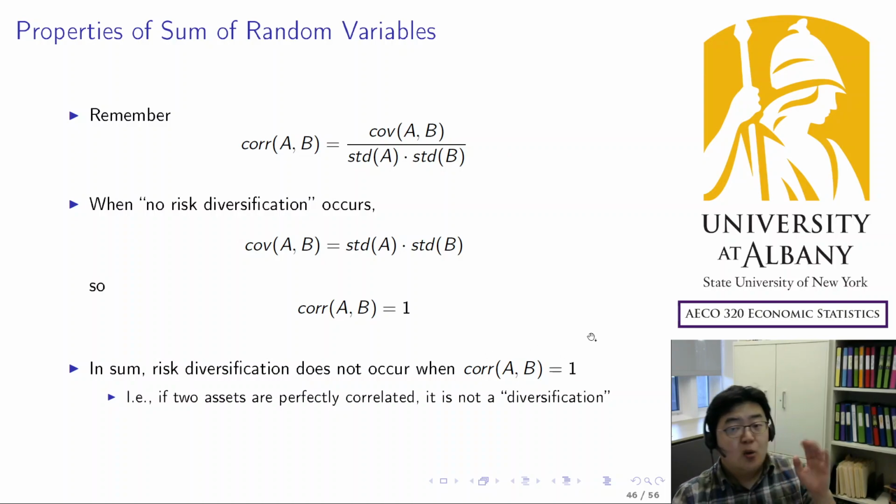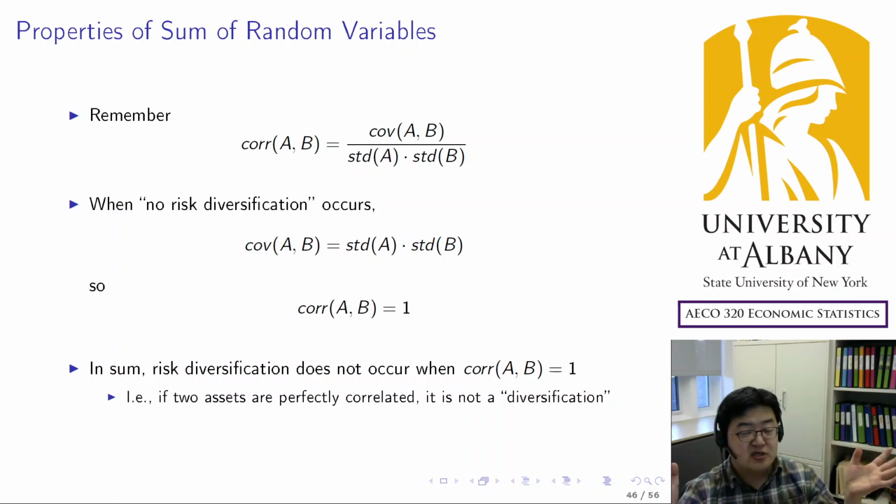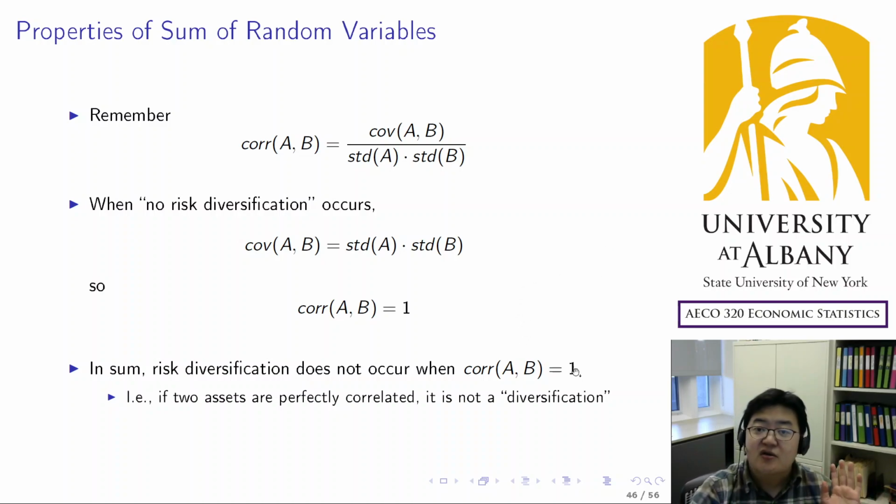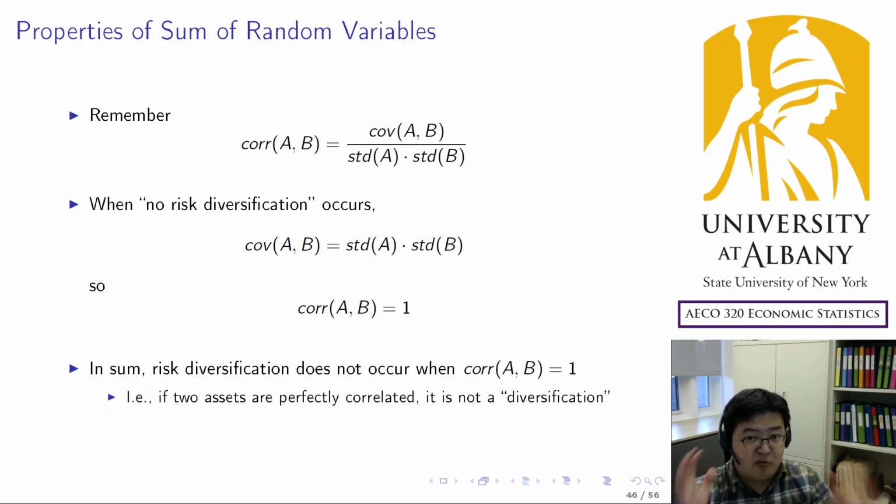Correlation equals 1 means it's perfect correlation. Of course, you cannot find any two assets that have perfect correlation. It's nearly impossible in reality. So in other words, almost always you can reduce risk by diversifying your portfolio. Let me repeat.